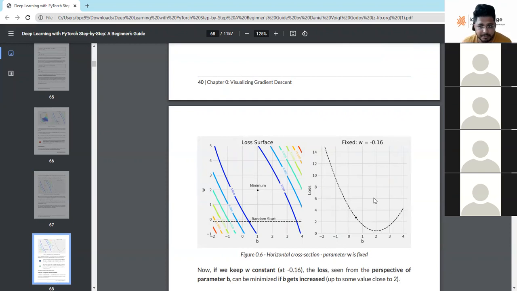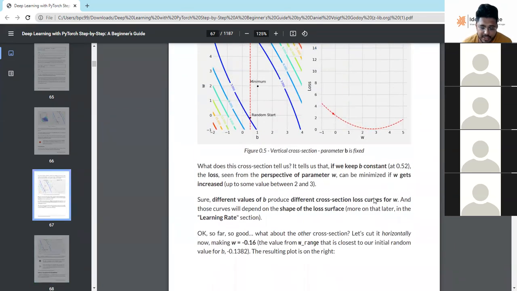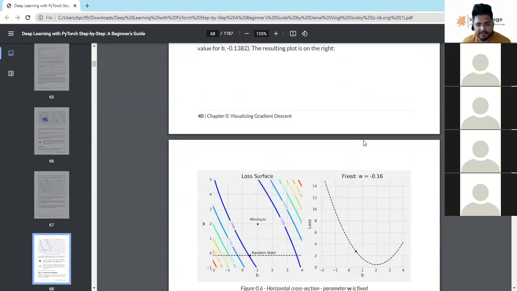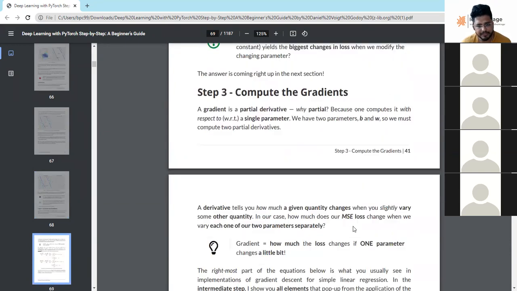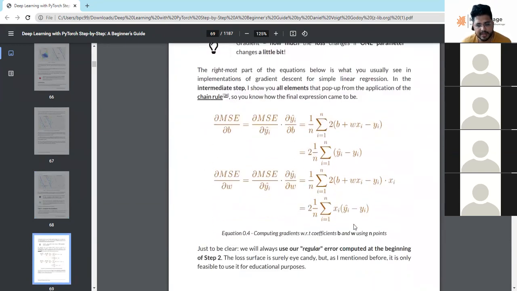So this is the point where it will come to our help for calculating the gradient descent. So that means what? If I have a single two-dimensional graph, I can easily calculate the rate of change of loss with respect to the value of W. Similarly, I can calculate the rate of change of loss with respect to the value of B. So this is where our partial derivatives come into the picture.